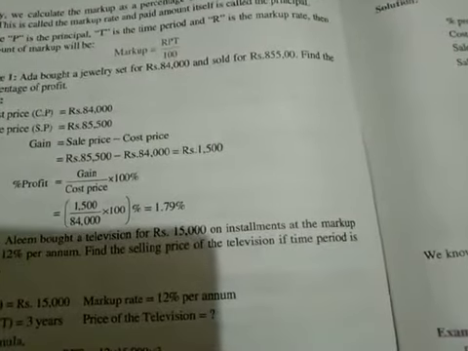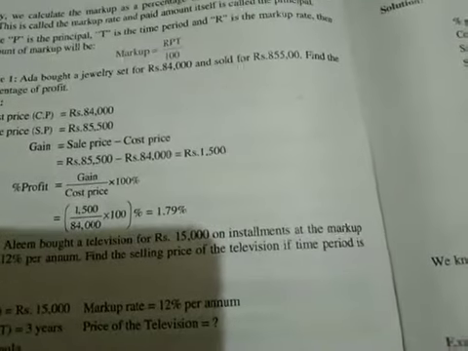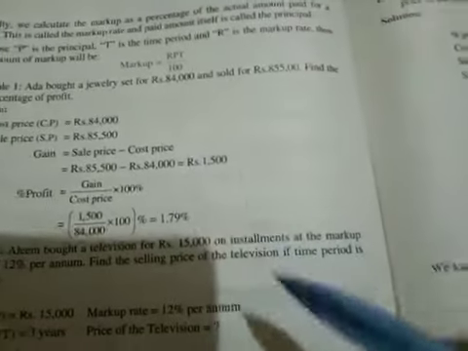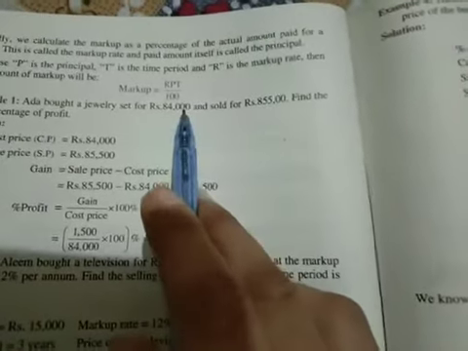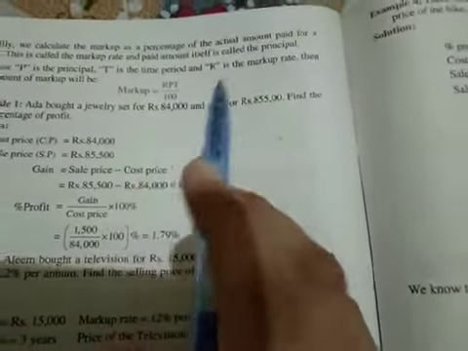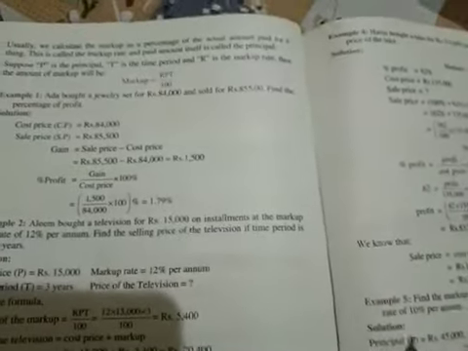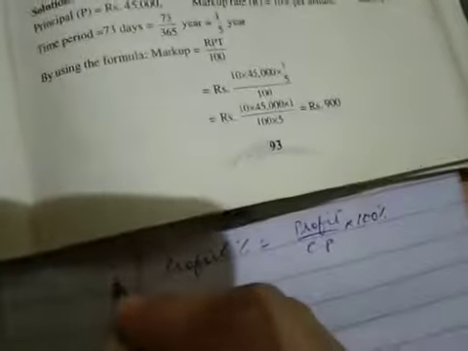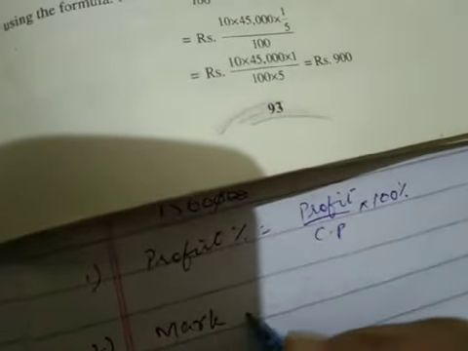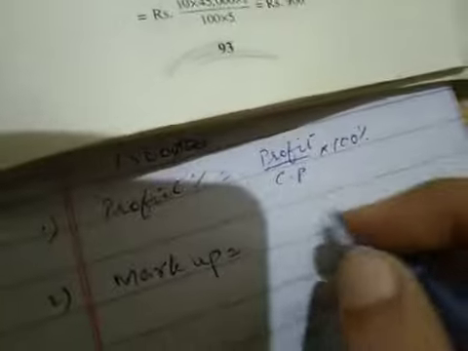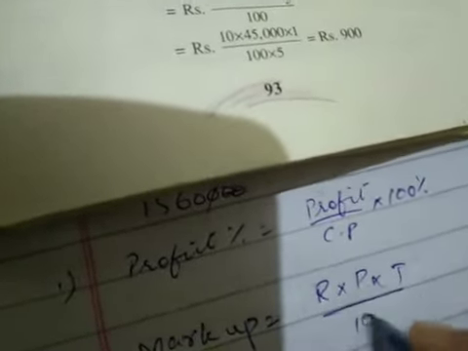Principal amount is the actual amount that I have borrowed, that is 1000 rupees, and the time period is 1 month or 1 year. Mostly the time must be written in years, so if it is not in years, you will convert it into years. I have written the second formula: markup can be found by the formula rate multiplied by principal multiplied by time divided by 100.